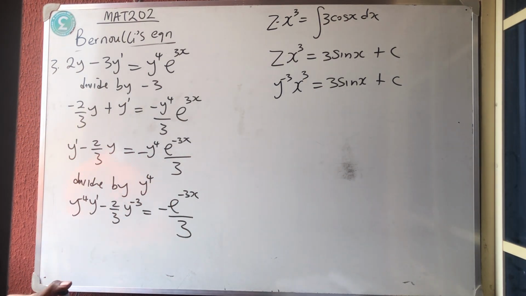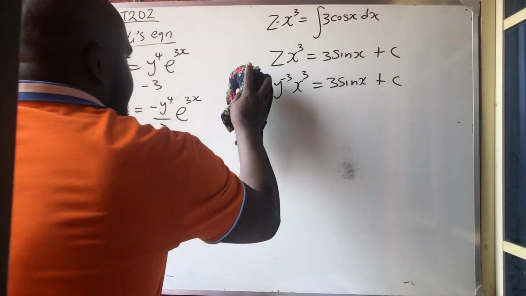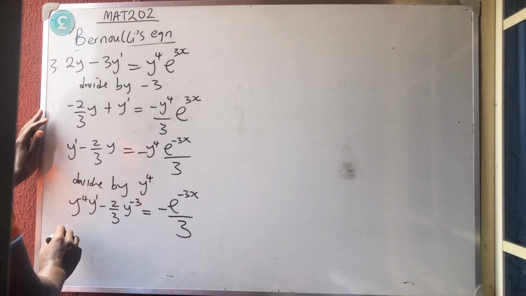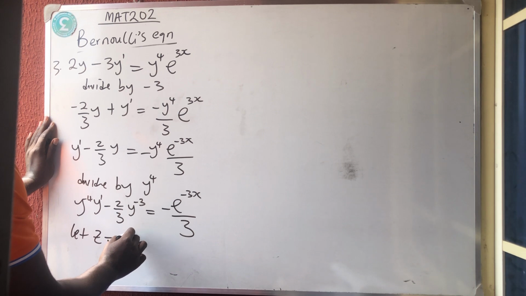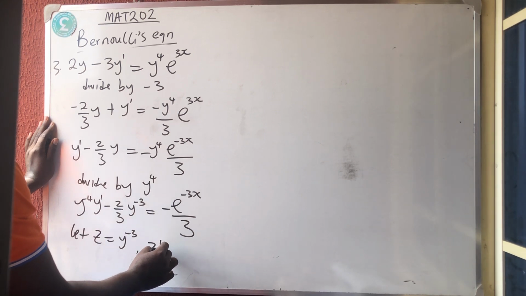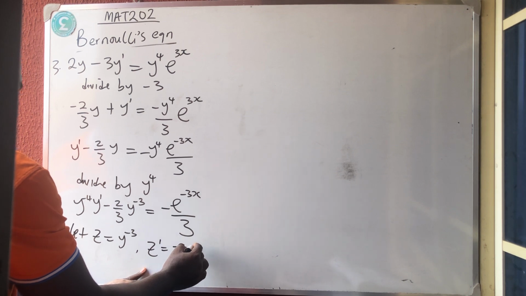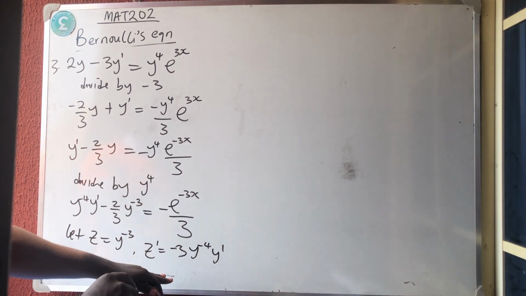So what's my problem now? I will now say let z be equal to what? y raised to power minus 3. So z prime will now be minus 3 y raised to power minus 4 y prime. So the problem here is now minus 3.